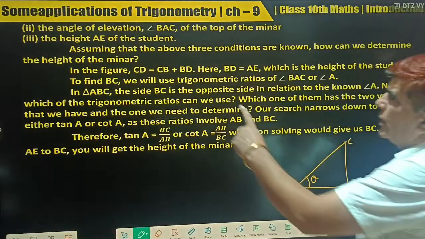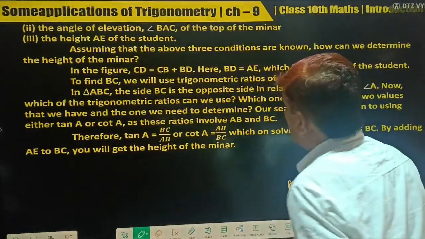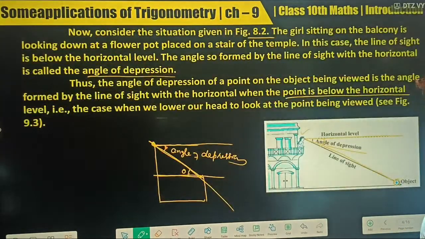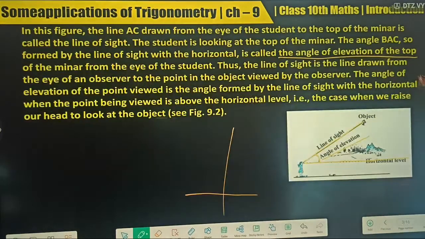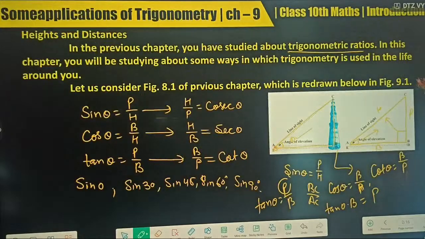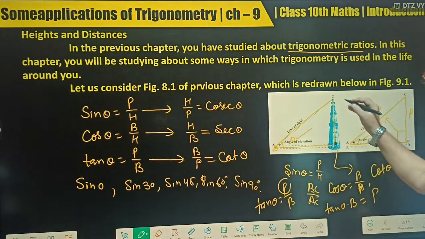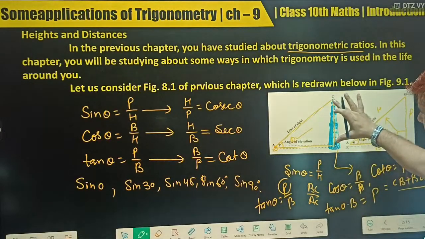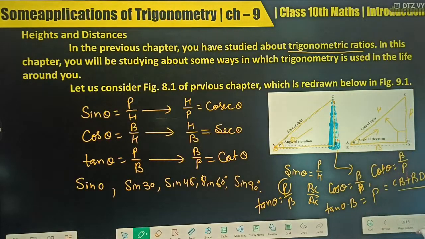So as written in the figure, CD is equal to CB plus BD.